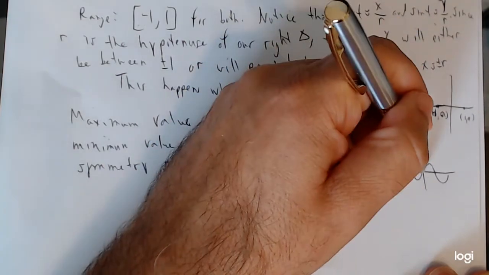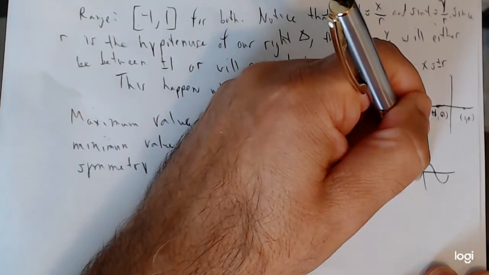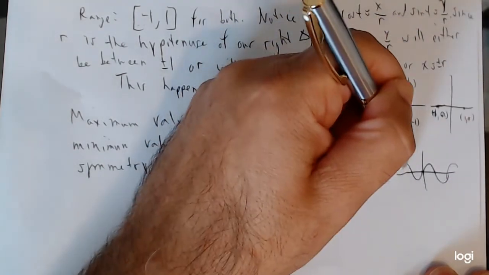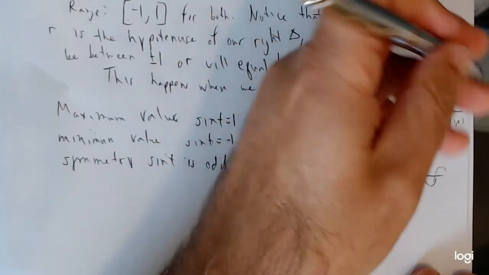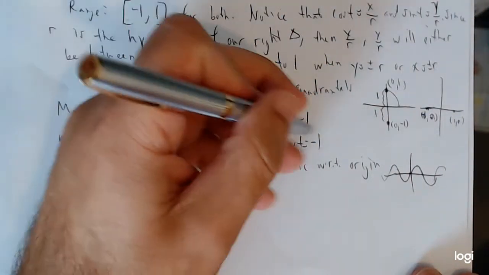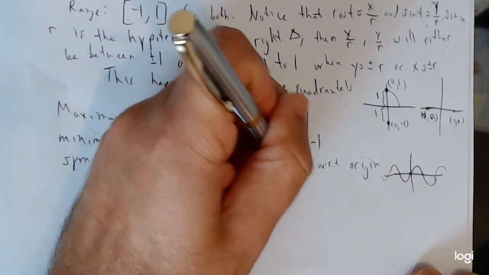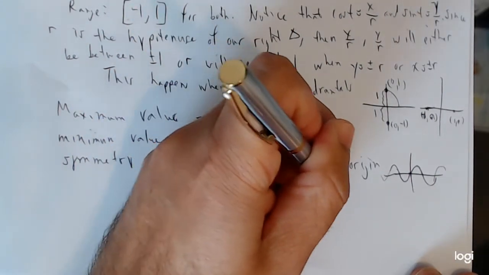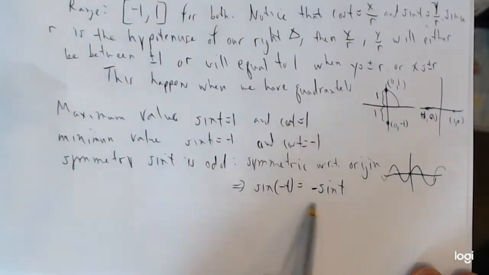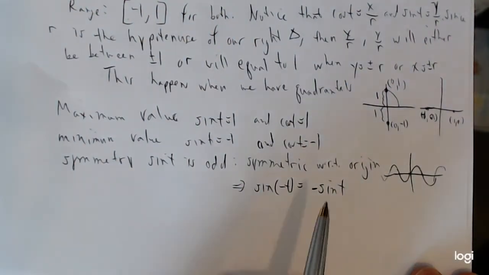Notice how it's going up, then down, then over here it goes down, then up. So that's kind of how the graph of sine looks. In other words, if it's symmetric with respect to the origin, we know that sine of negative t is the same thing as negative sine of t, right?